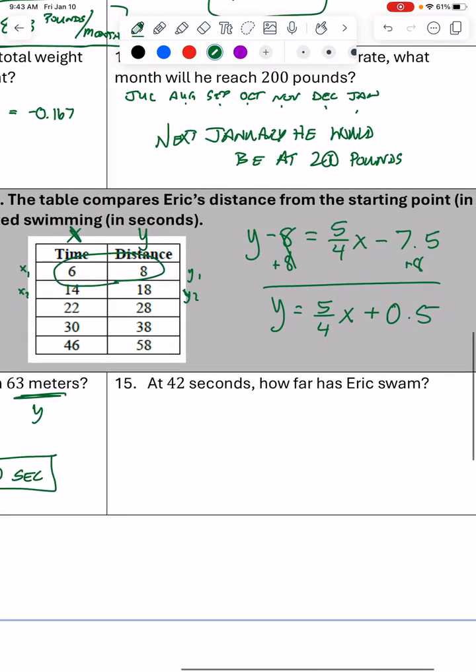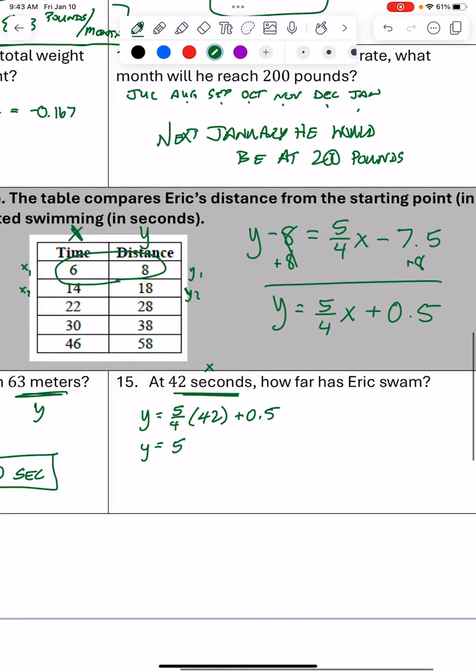And then it says at 42 seconds, how far has Eric swam? So 42, again, is not on our chart, but 42 seconds is an x value. So let's plug that into our equation for x. So 5 over 4 times 42, 52.5.